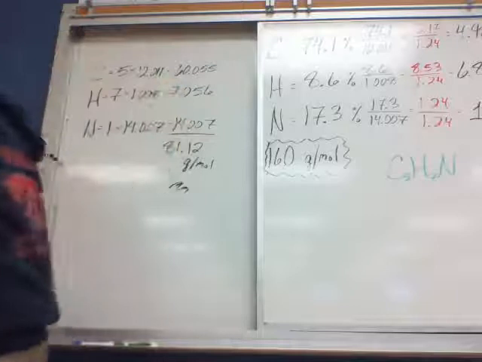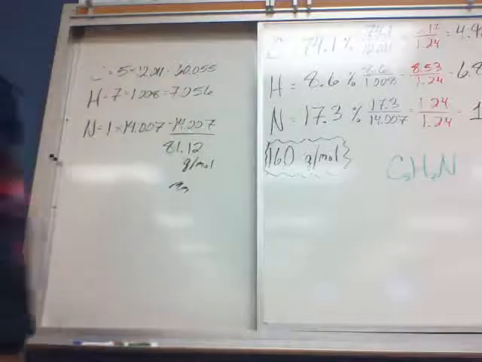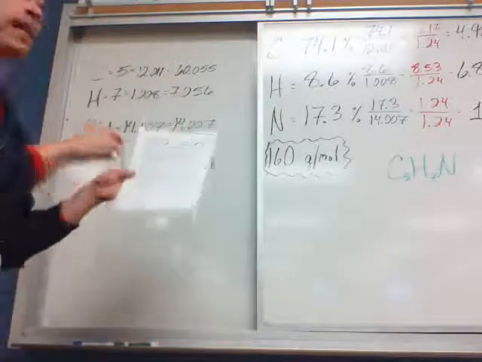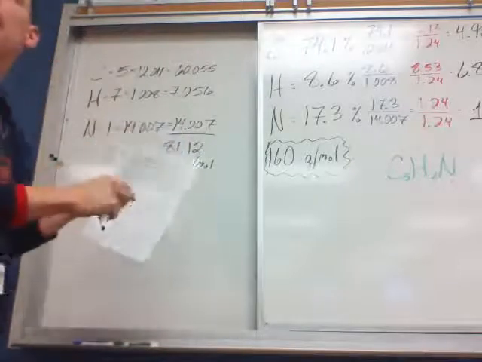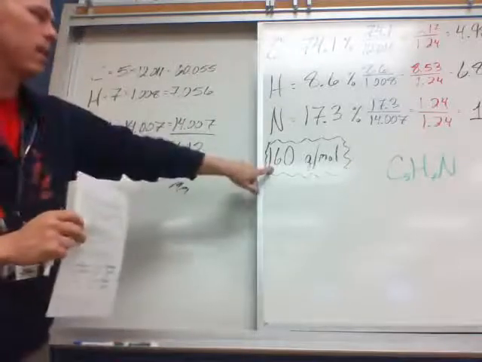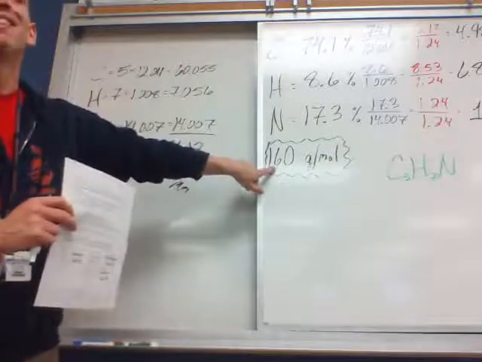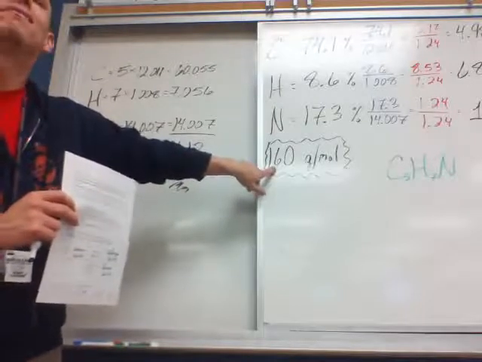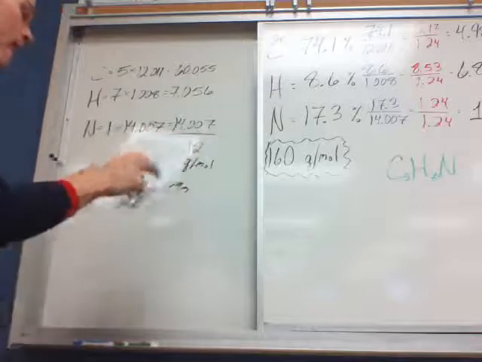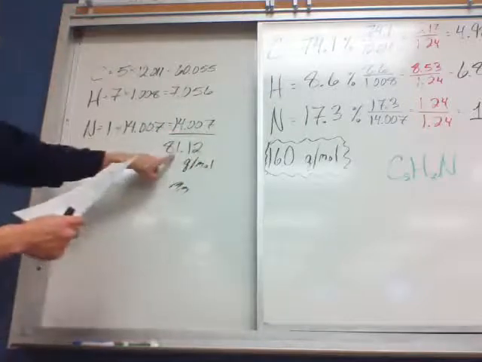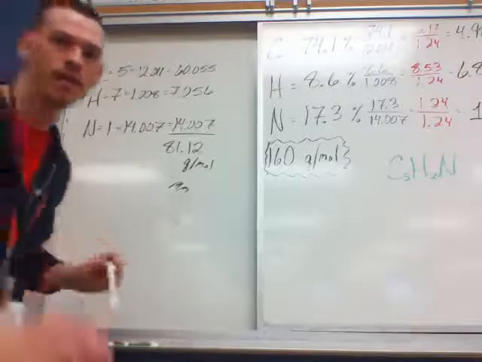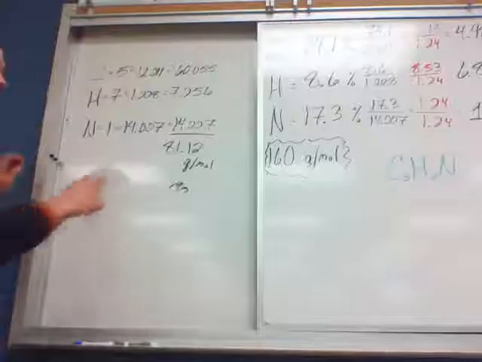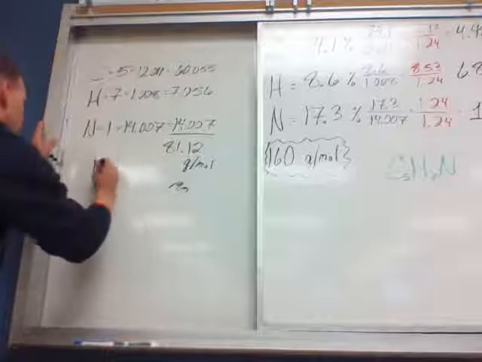Let's go back to our cheat sheet that's telling us what to do. Step 3, listen closely. Divide the given molar mass. See that molar mass right there that was given to us that we haven't done a single thing with yet? It says divide the given molar mass by the mass of the empirical formula. Well, let's do that. The given molar mass was 160.